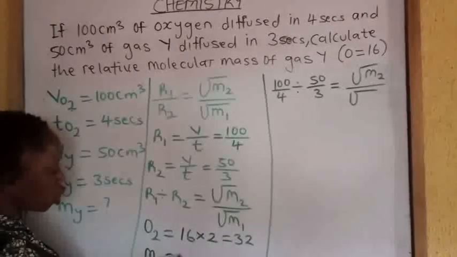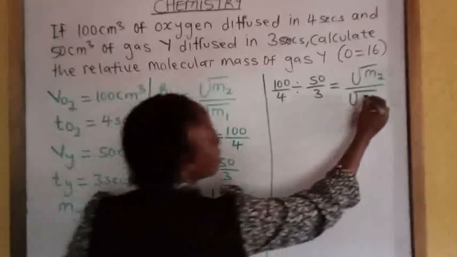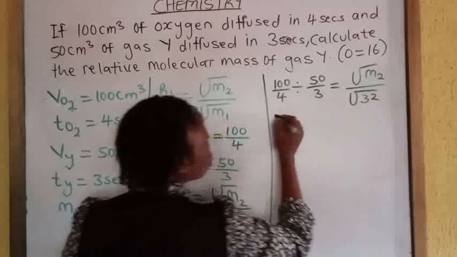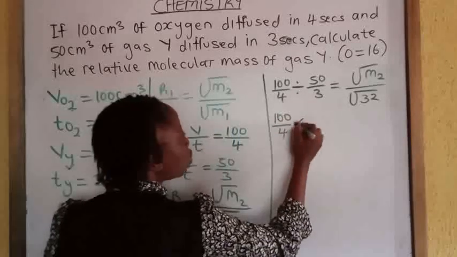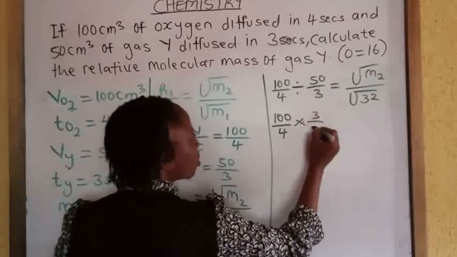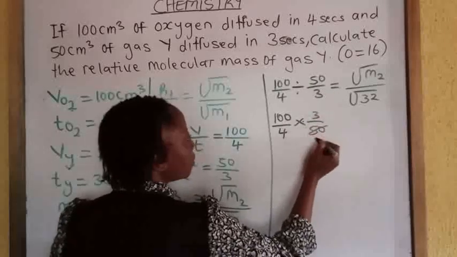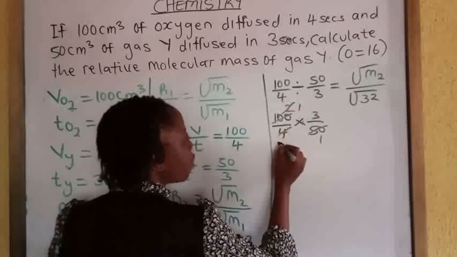So M1 equals 32, the mass of oxygen gas. So divided by 32. 100 divided by 4, then division will change to multiplication, so the fraction will turn upside down. That will be 3 divided by 50. 50 cancels 50 here, 2; 2 here 1, 2 in 4 is 2.